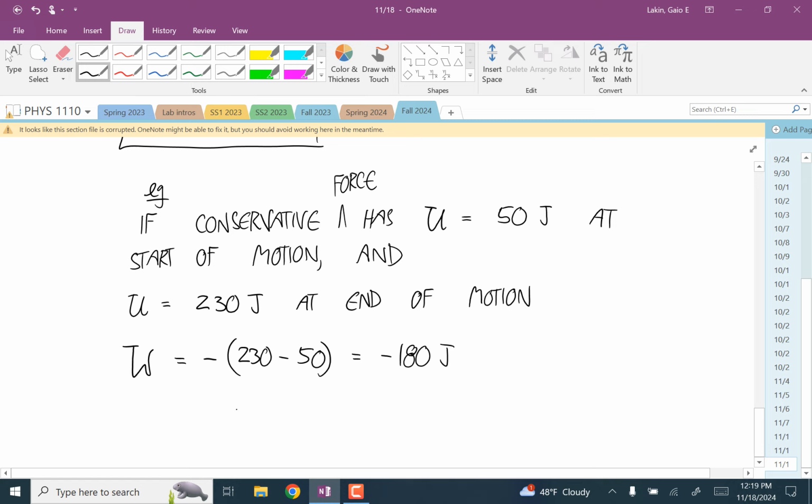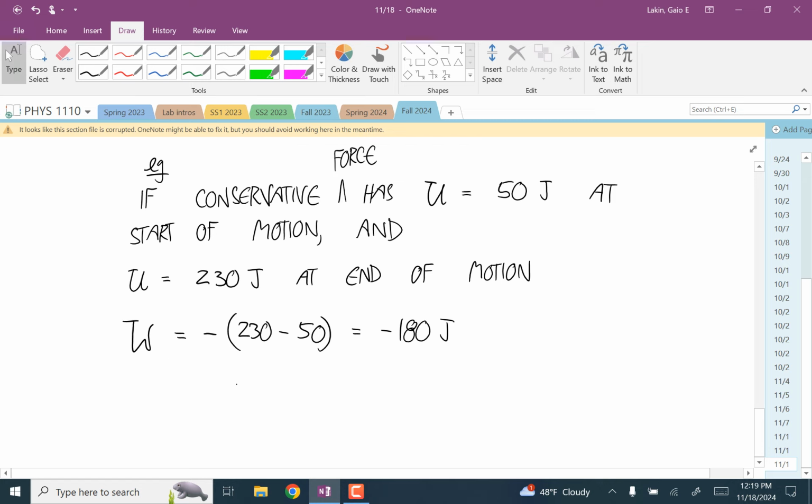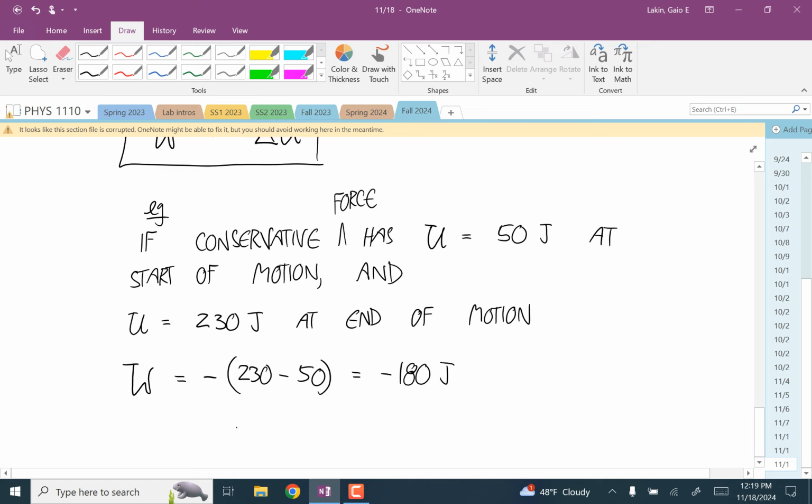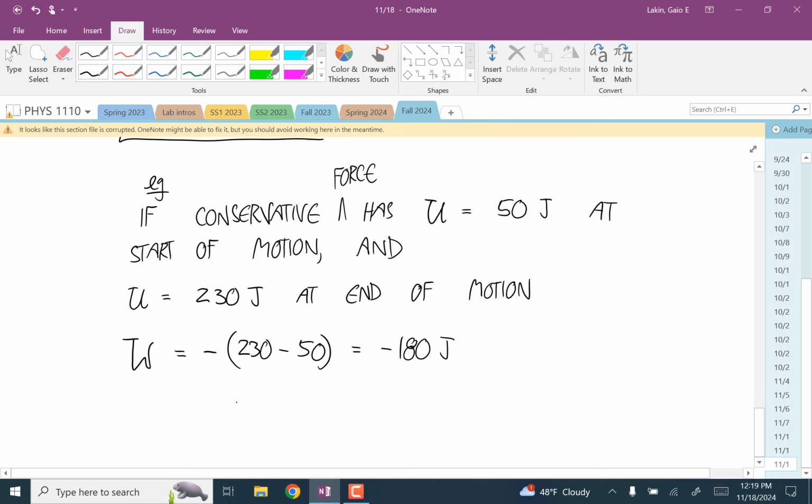Okay, so that's just understanding what work and potential energy are. The bottom line is we're going to use potential energy as a way to calculate work when we have these conservative forces.